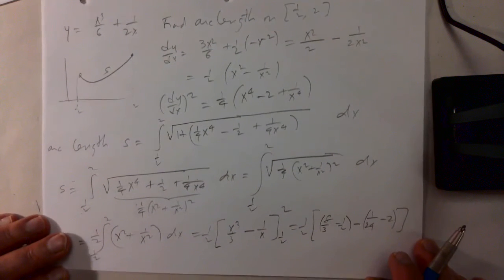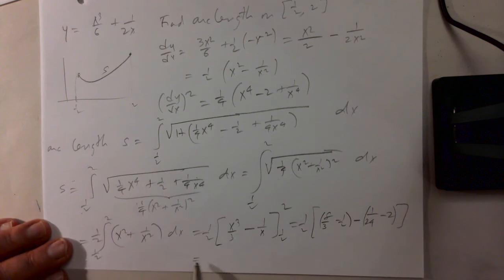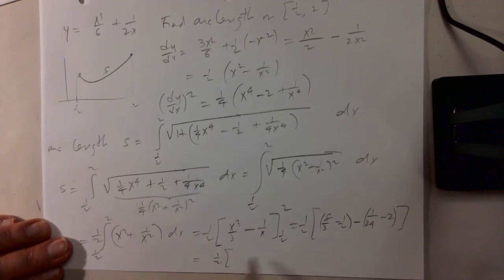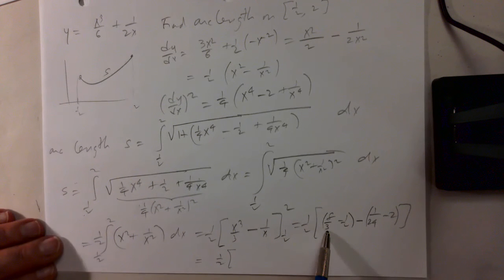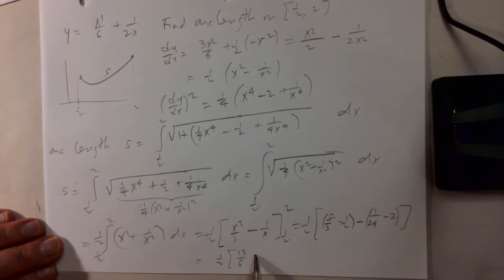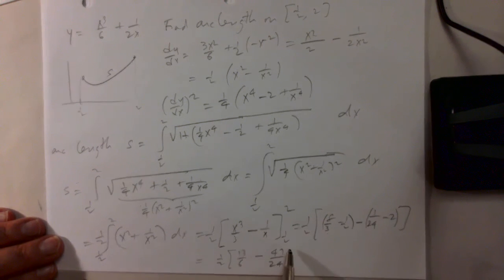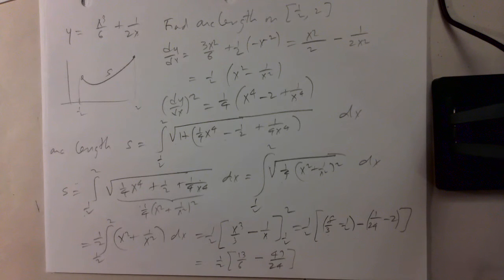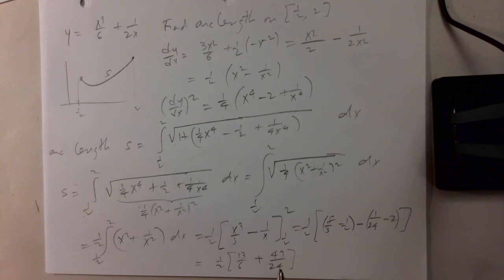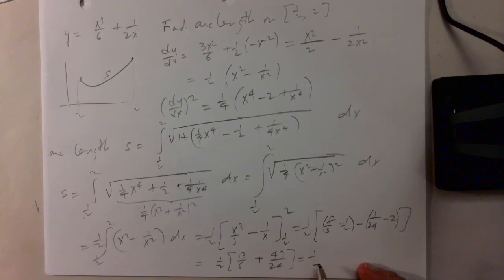So what is that? Well, we can work out the numbers. This is a half. 8/3 minus 2. This is 16 over 6 minus 3 over 6, 13 over 6. And this is 2 minus 1/24. This is 47 over 24. Sorry, plus. So if you put this over a common denominator, you get a half.